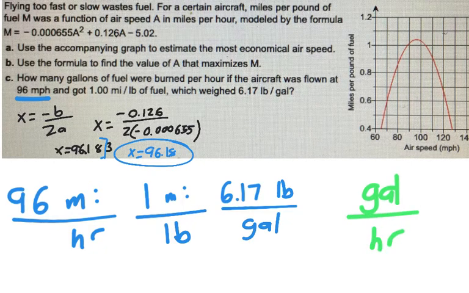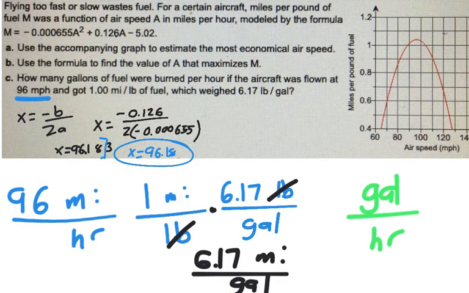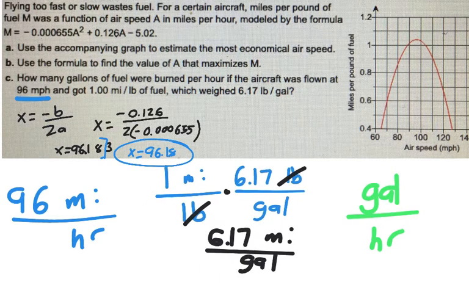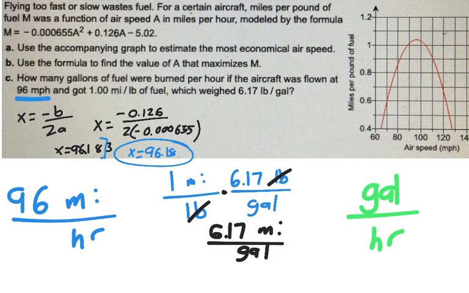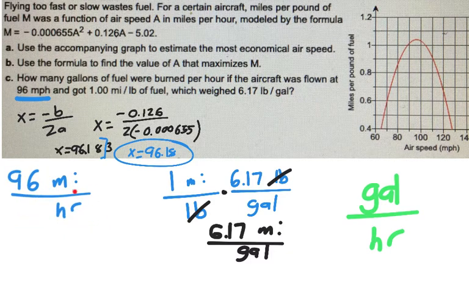So I can see if I multiply these two, my pounds will cancel out, and that's going to give me 6.17 miles for every gallon of fuel. And now if they're going 96 miles per hour, then what we're going to do is divide. If they can go 96 miles in an hour and they get 6.17 miles per gallon, when I divide that, it's going to give me how many gallons per hour they are burning.